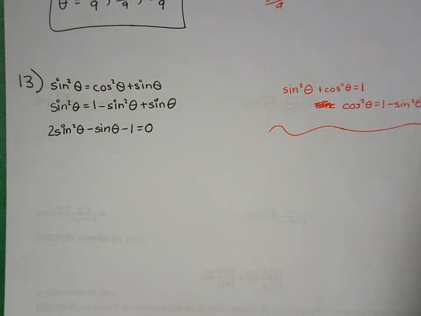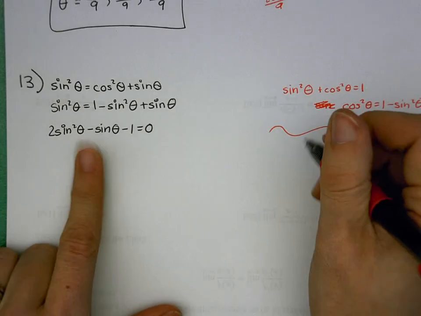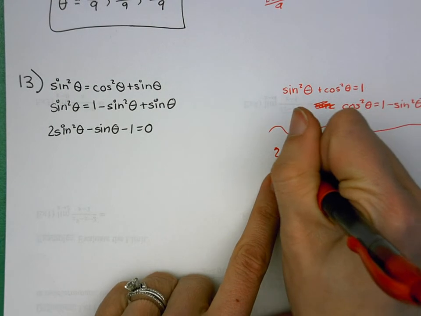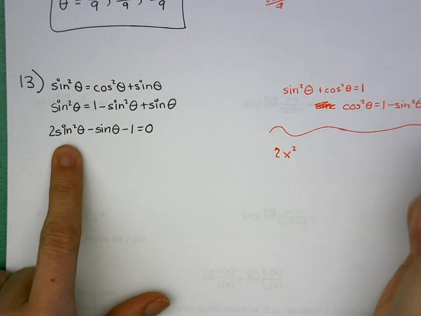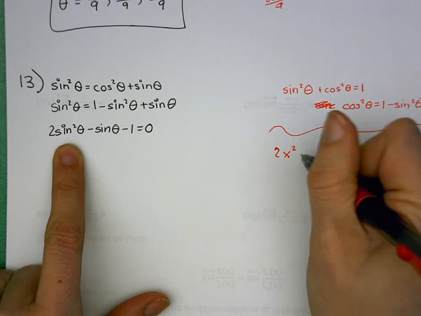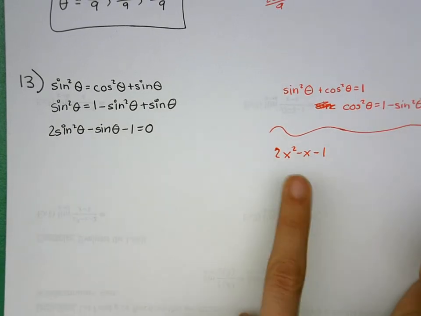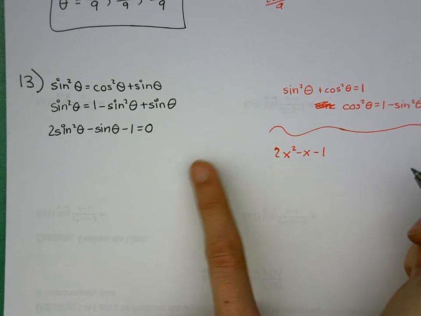Reminder that if you don't like how this looks for factoring, you could, off to the side here, simplify the problem. So 2x squared instead of 2 sine squared, minus x minus 1. Ask yourself how that factors, and then substitute sine theta back in.